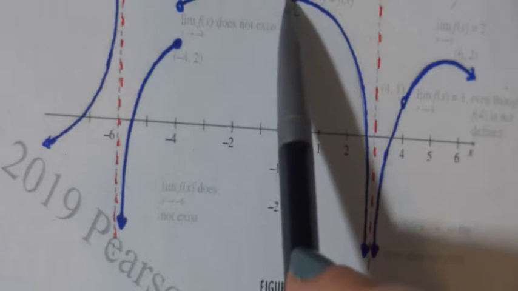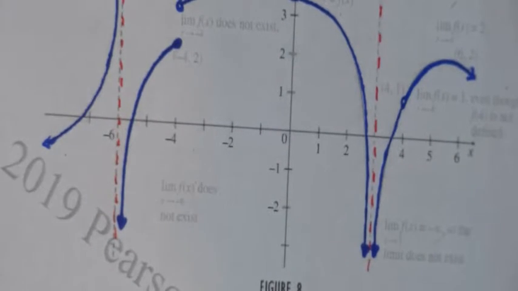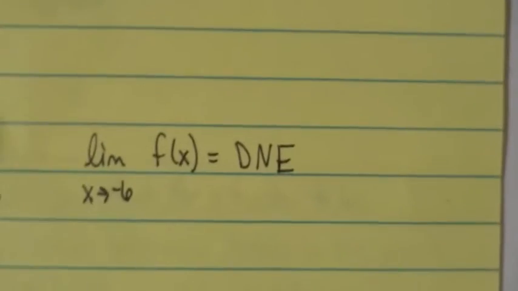And so in that case, your left-hand limit would actually be at 2, but your right-hand limit would actually be at 3.